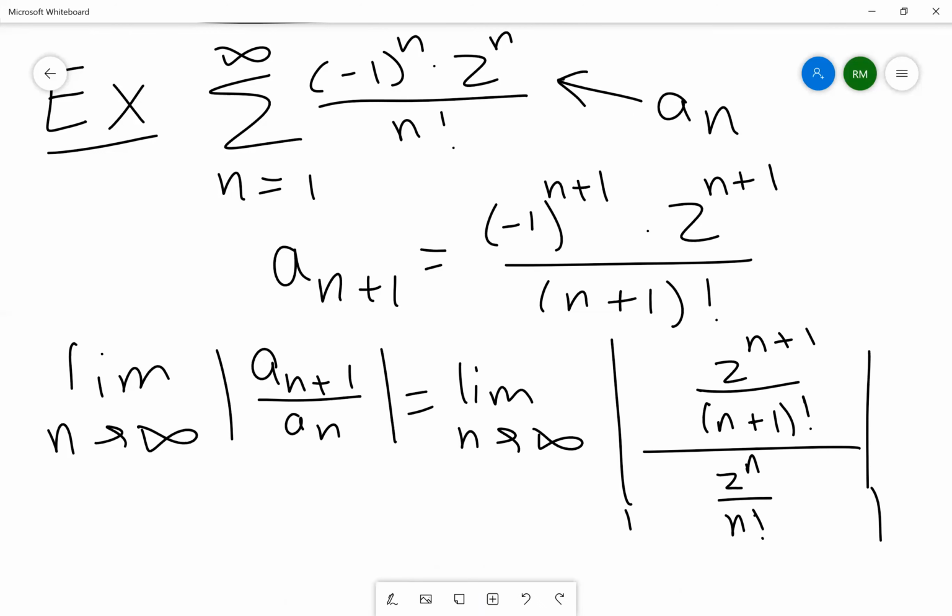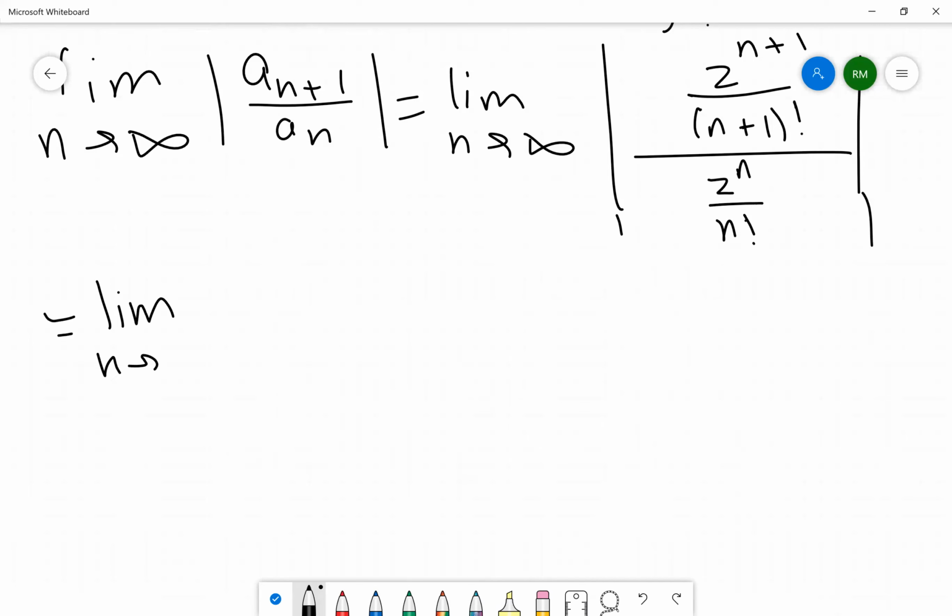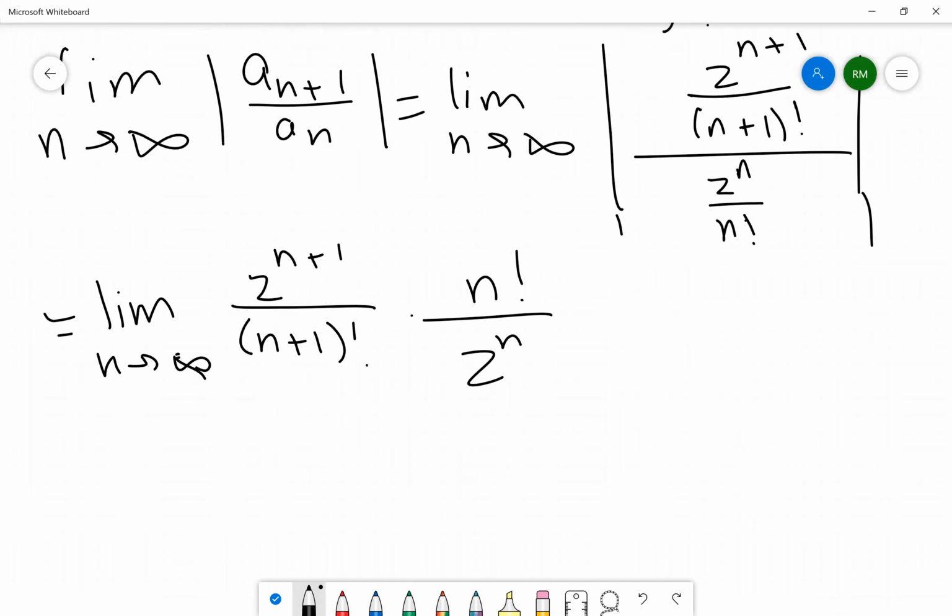All right, so let's move this down, and we can rearrange all this. So this is the limit as n goes to infinity of 2 to the n plus 1 over n plus 1 factorial times n factorial over 2 to the n.